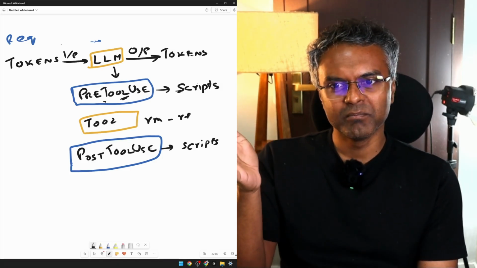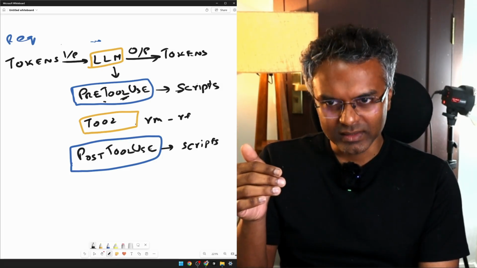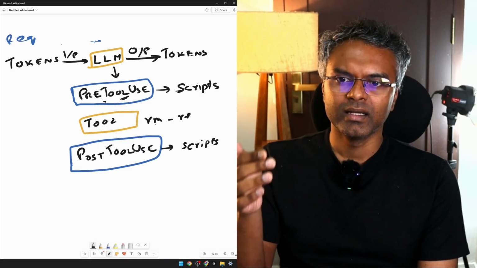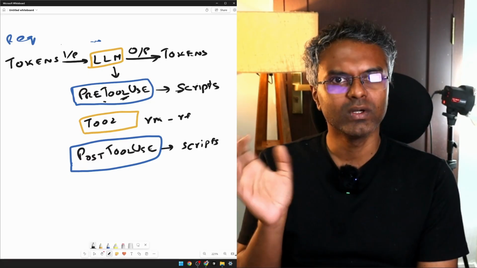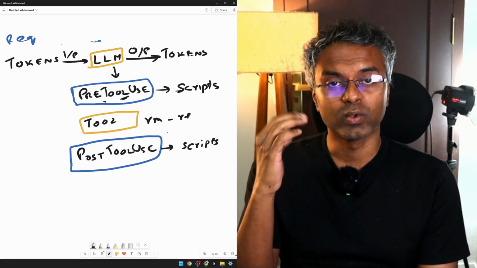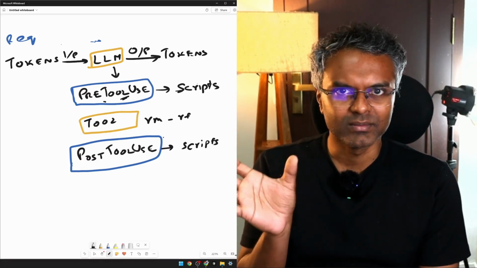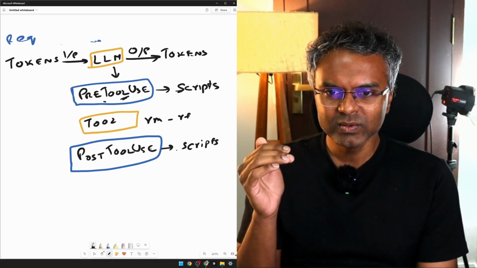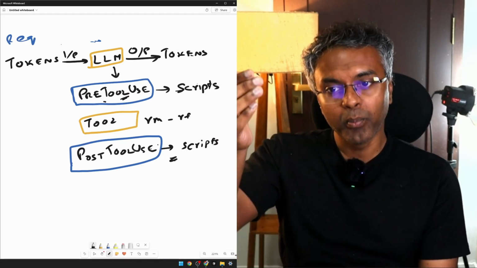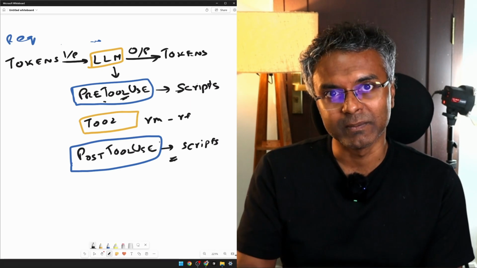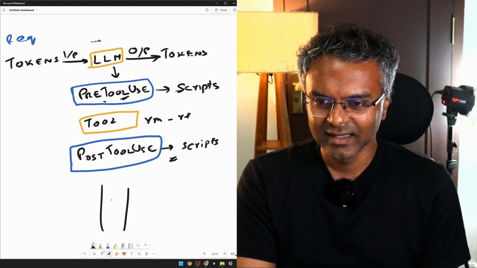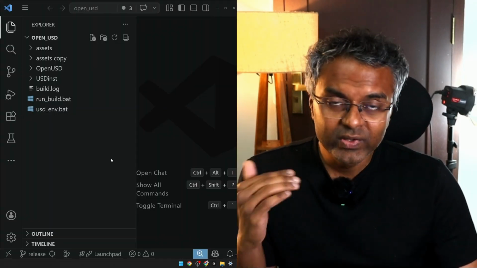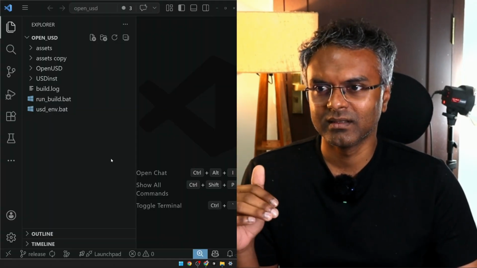And after it has finished running the command, it will return an exit code of 0 if everything is good, and an exit code of 2 if some error happened, and you can listen to that and do something post the tool use as well. This is super powerful. Essentially, it helps us set guardrails for the agent.